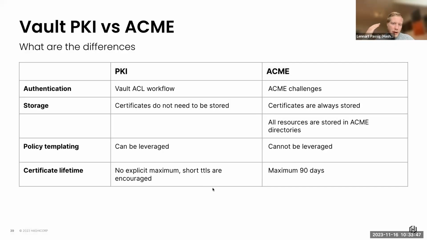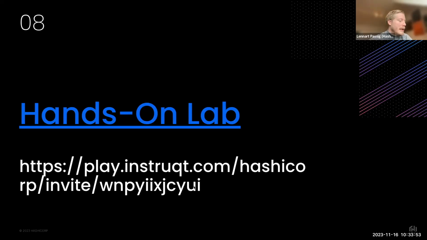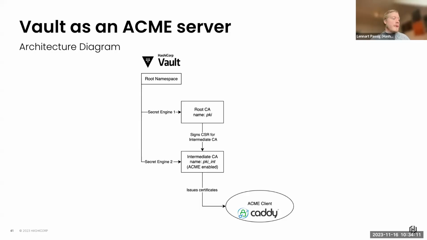We'll now go through the hands-on lab. I'll share the link within the chat in just a bit, and then we can create a Vault server, deploy a web server as well, and configure the whole thing. I want to show you what we will configure in the hands-on lab.